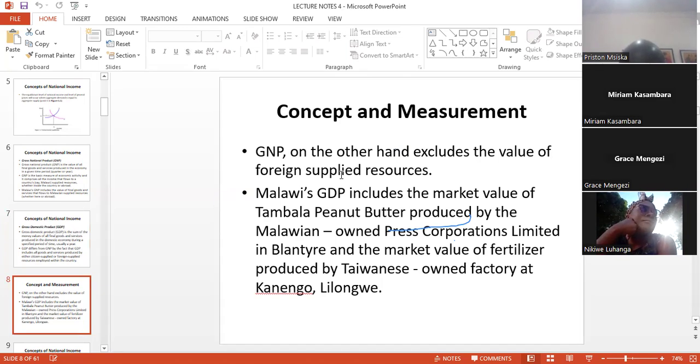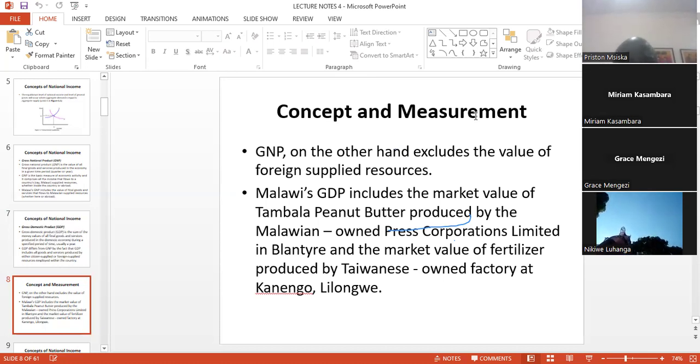About GNP. And then GDP, as I've said, is a market value of all finished products. Meaning that, for example, if we were talking about maize, we will not be adding bags of maize. We will be saying how much are these bags of maize that Malawi has produced in a year.